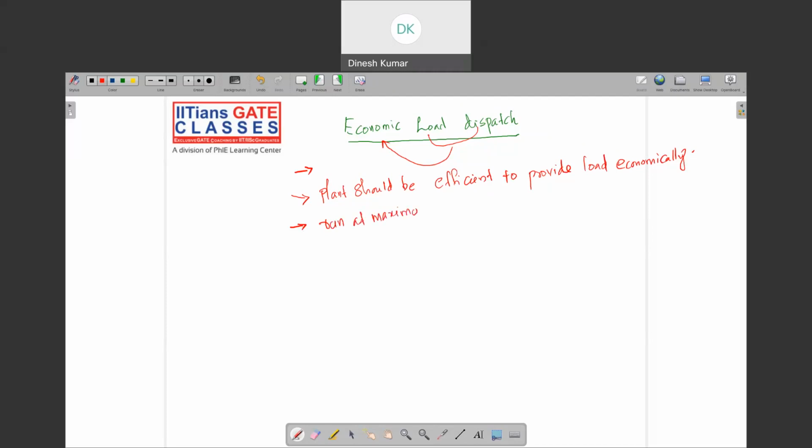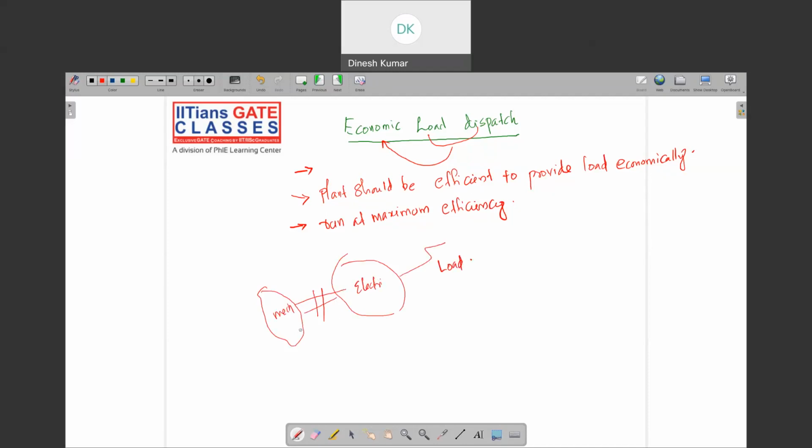Only then can we say it is something like an economic load dispatch. Now just think about an electrical generating station. There is an electrical system and there is a mechanical system, right? These are coupled, and this generates and this will be the load.